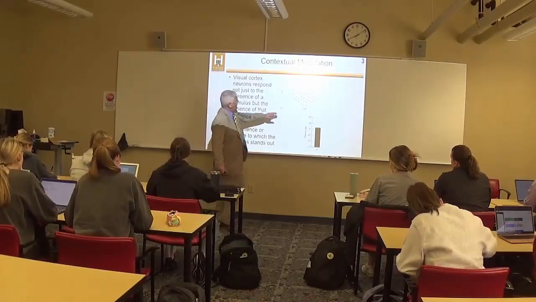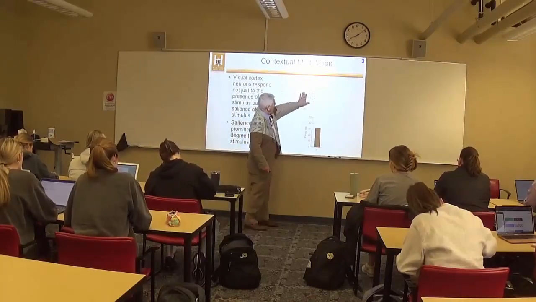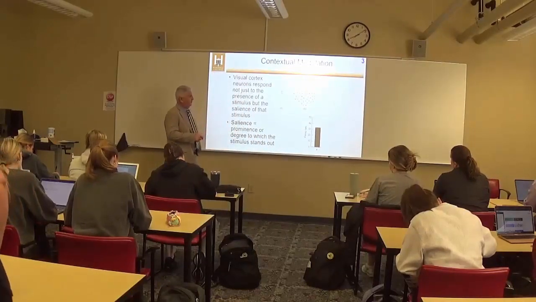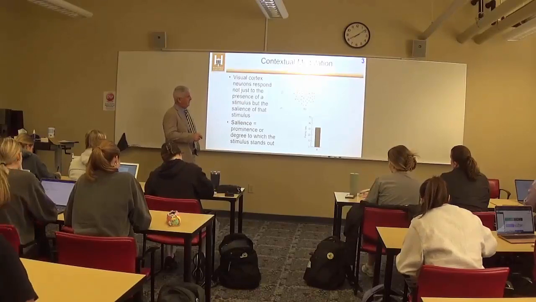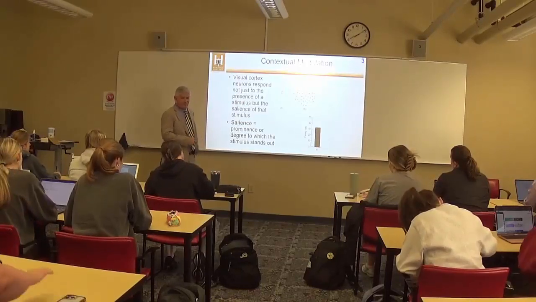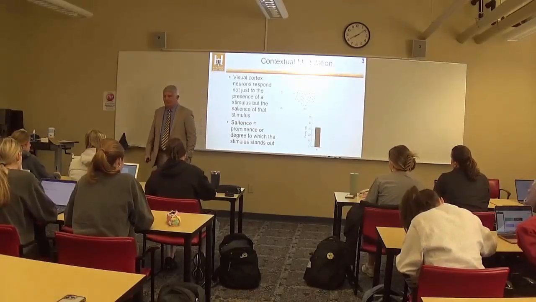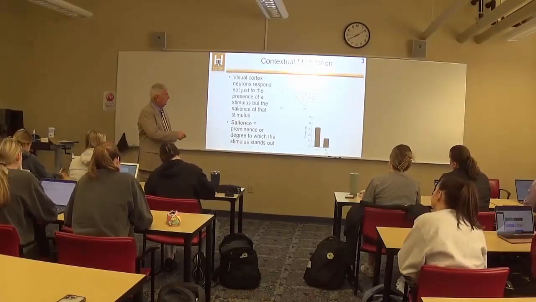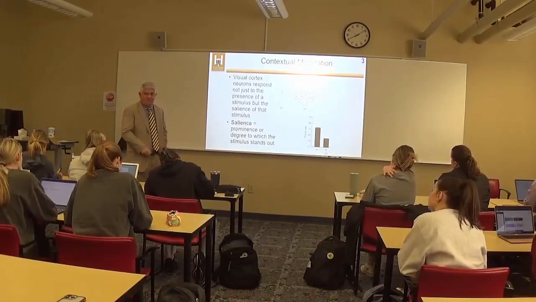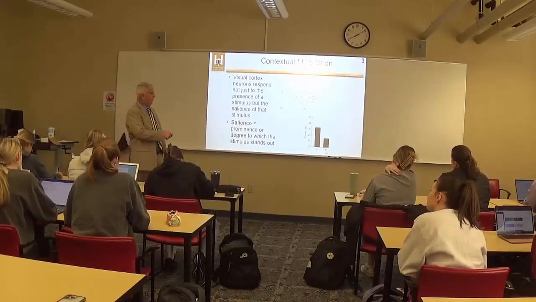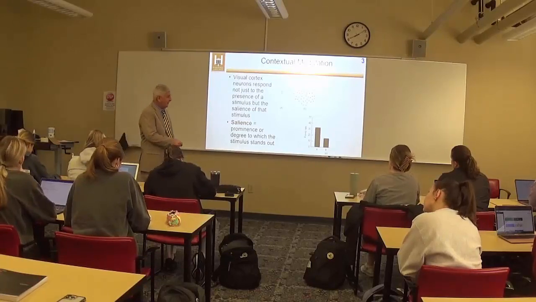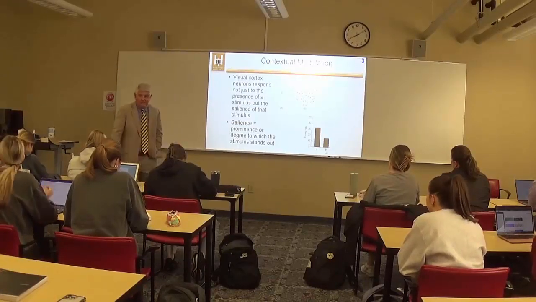Now, think about this. Imagine that box was not there, right? Is it harder to perceive this line when it's surrounded by all these other lines than if it was just the line by itself? And so actually what happens, because there's all these other columns firing, not just the one column, it actually influences that column and decreases it.